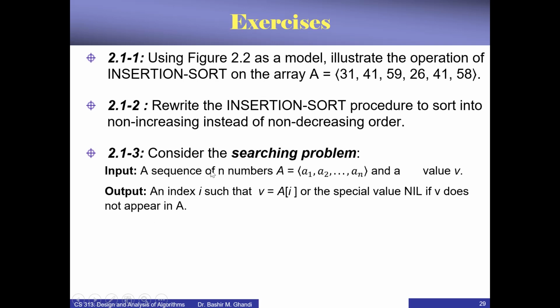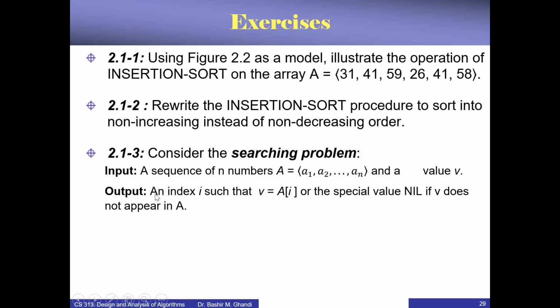The third question says, consider the searching problem that has as input a sequence of n numbers, a1, a2, and so on until an, and then a target value v.